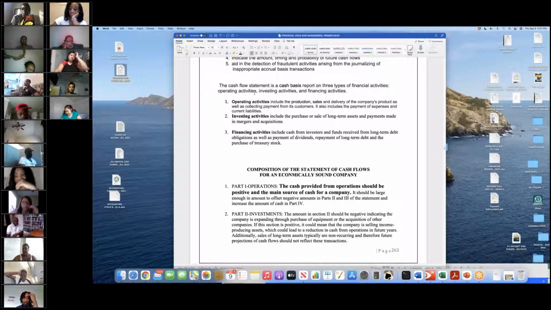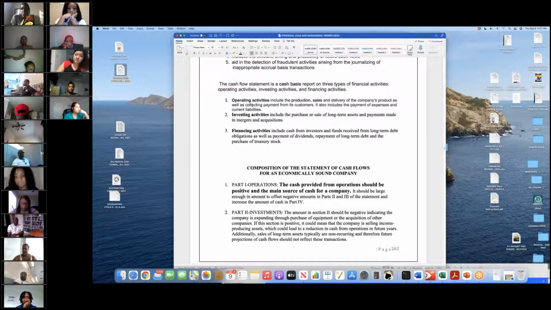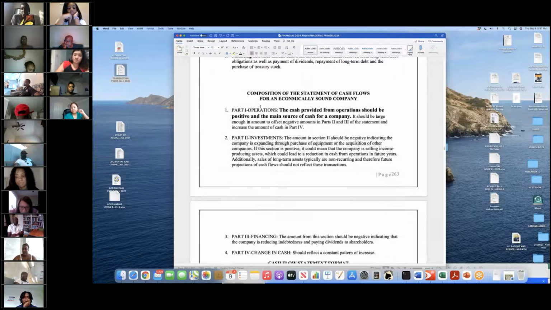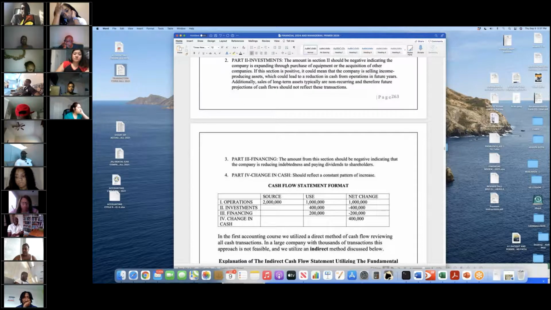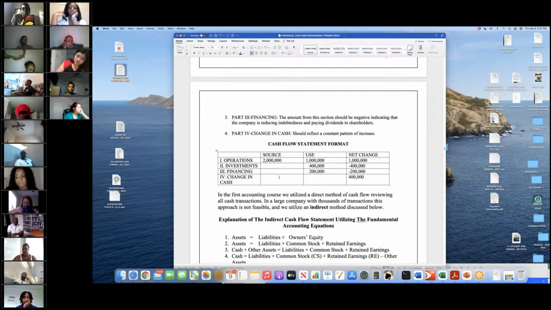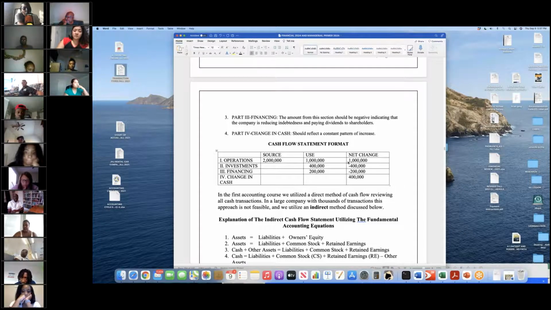Now, when you're looking at operating activities, each company will have different assets in there. You're just concerned with the total numbers in general. And I tell you as a guide, when you look at a company, this is a rough guide, you want to see sources and uses in operations, but with the net change being positive.